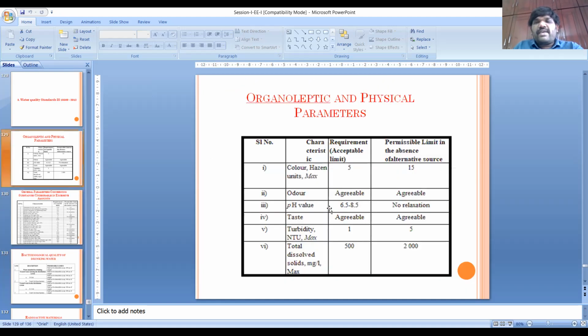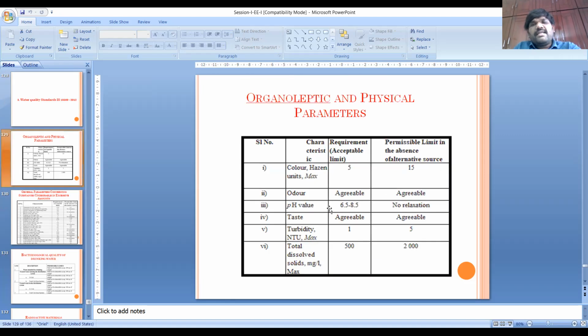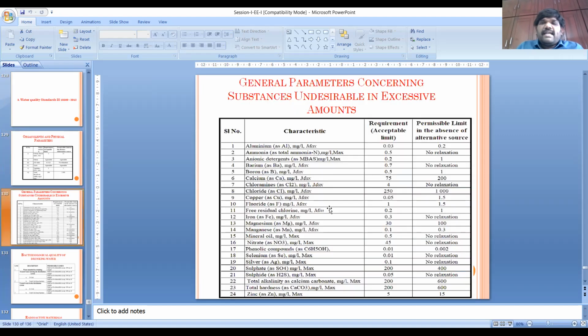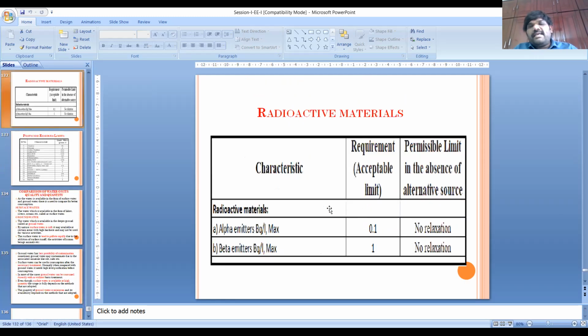In the previous one, we have seen physical parameters. What we are discussing is water quality standards, IS 10500:2012. Physical parameters, the second one is general parameters, and the third one is bacteriological quality of drinking water. Understand? Next one is radioactive materials.